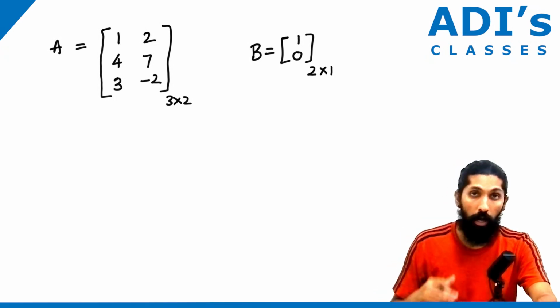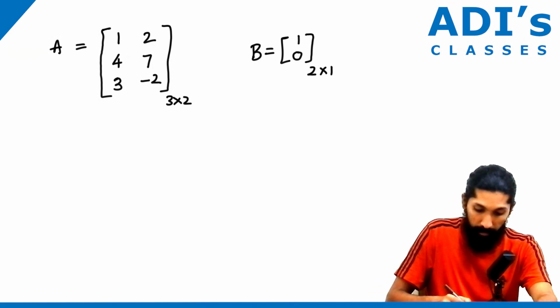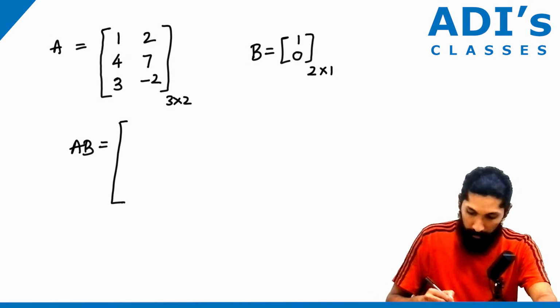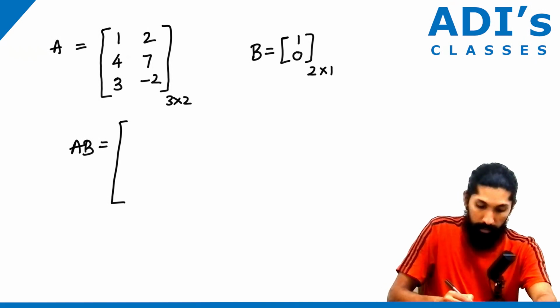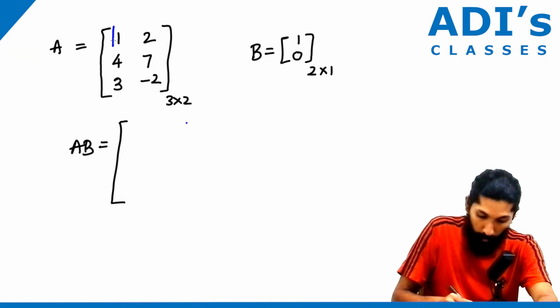Now here we'll start with AB. AB is equal to, so I'm going to take a big one here. The first one is the row, correct?